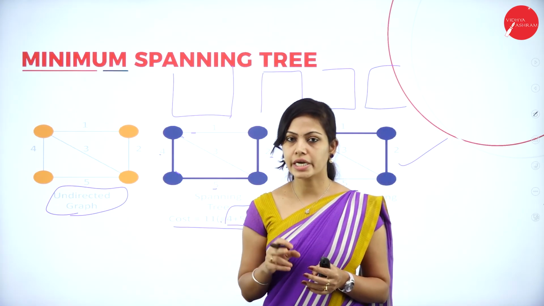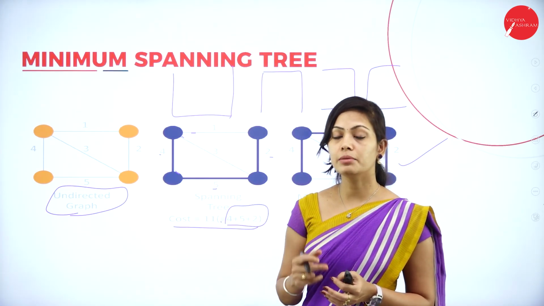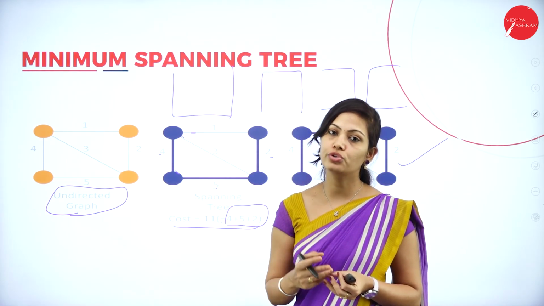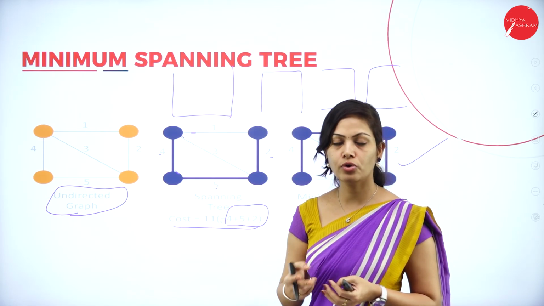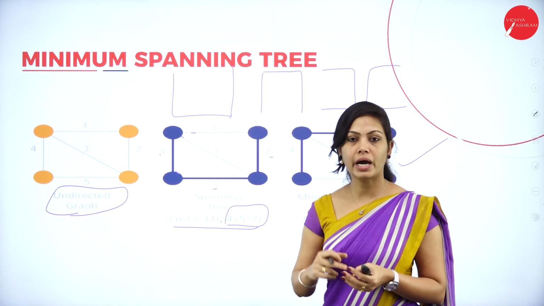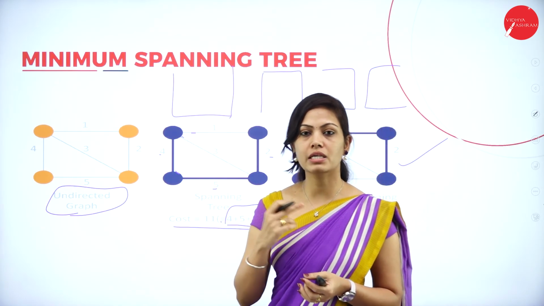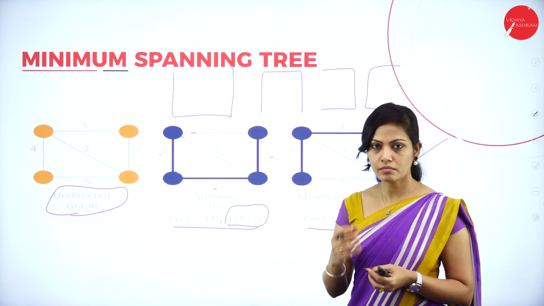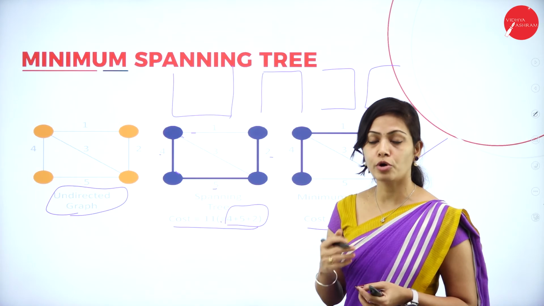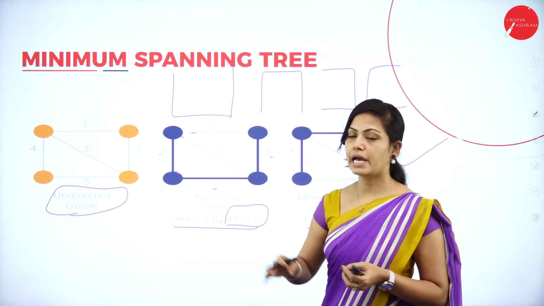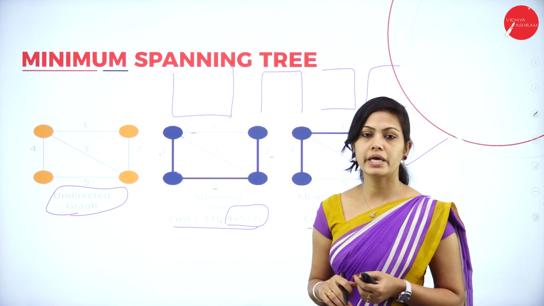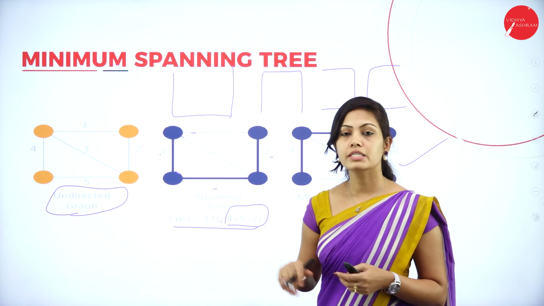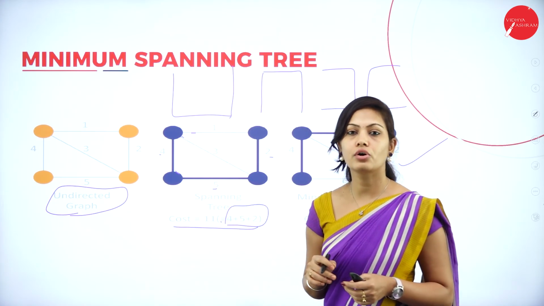In trees, you are studying the definition of a tree, the terminologies of a tree, the properties of a tree, and examples for root node, leaf node, child, parent node, etc. And you have the spanning tree definition, properties and example problems, and the minimum spanning tree: its definition, its properties, and an example graph. Clear? These are the main topics you have to study in the concept of trees.